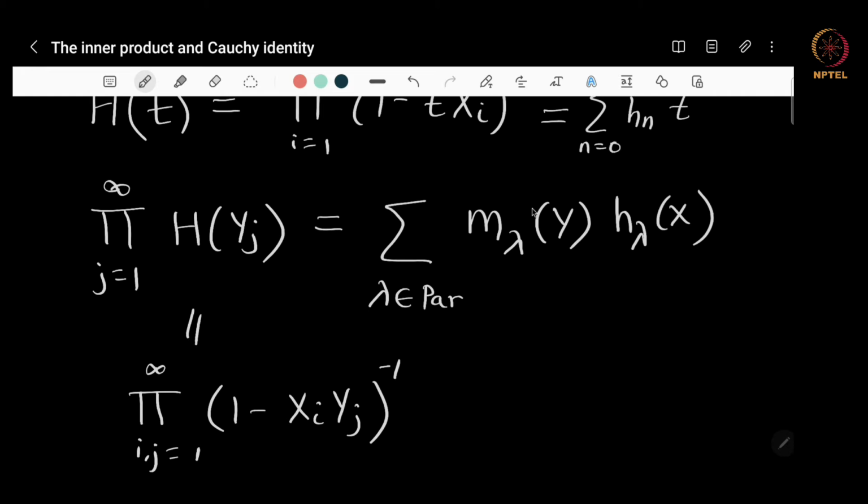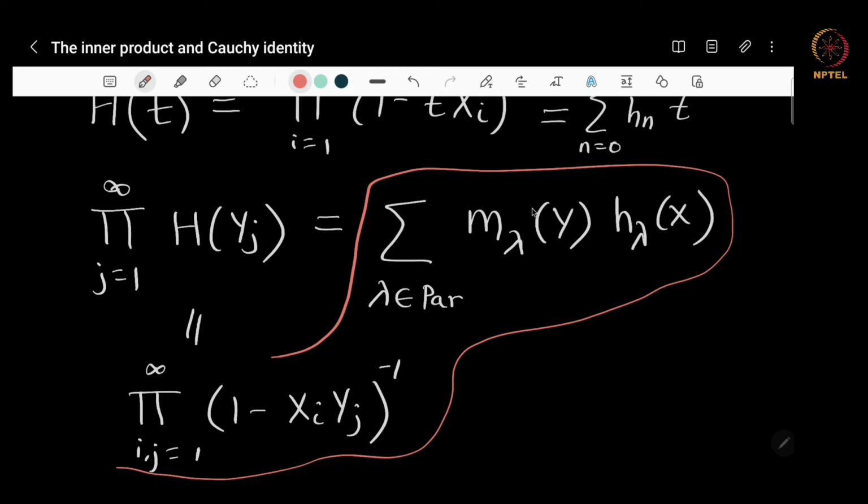So this is the identity. This is the first version, if you wish, of the Cauchy identity. This identity here is one of the versions of the Cauchy identity. So let's just call this 1.